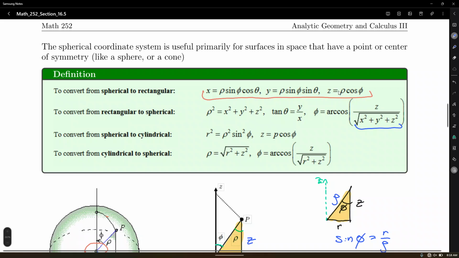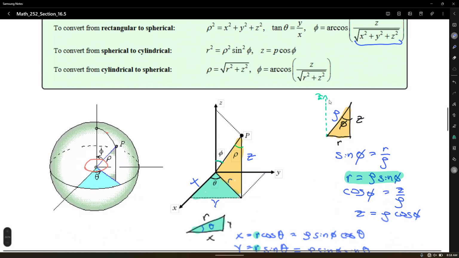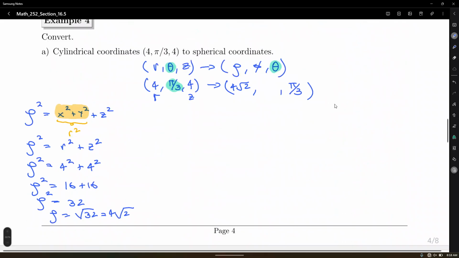Let's use the relation for z because we know the value of z and we also know the value for rho. So we can use that last relation and get the azimuthal angle. z equals rho cosine phi.